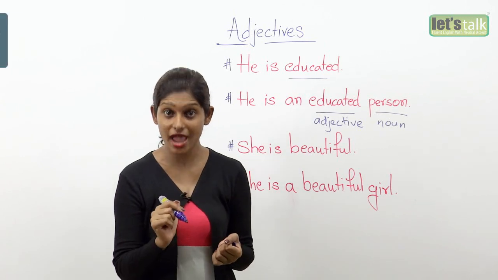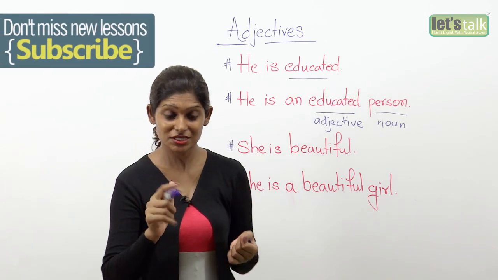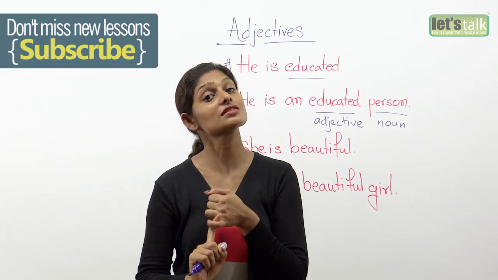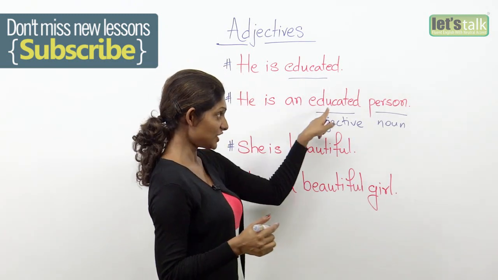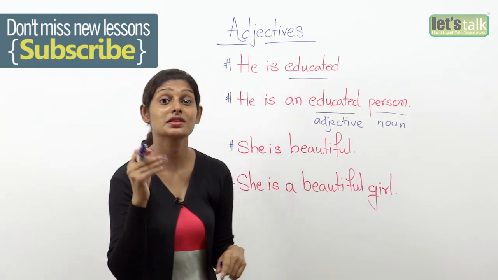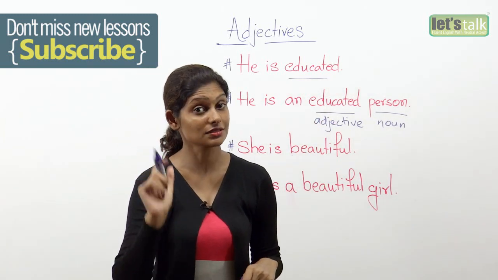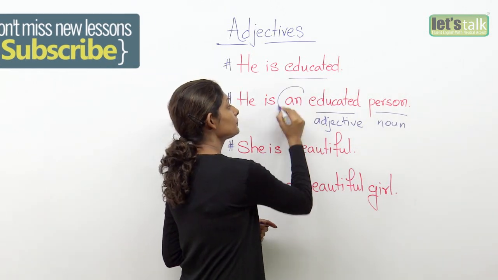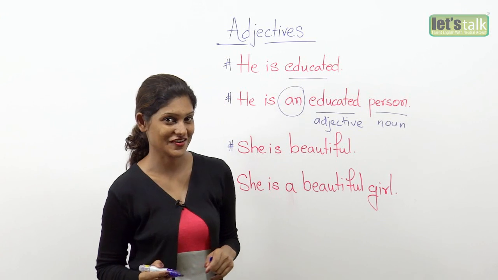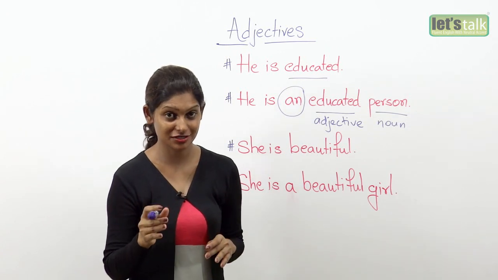That depends on what sound the adjective starts with, a consonant sound or a vowel sound. In this case, educated starts with a vowel sound, so we'll use an. I hope that has become much clearer to you.